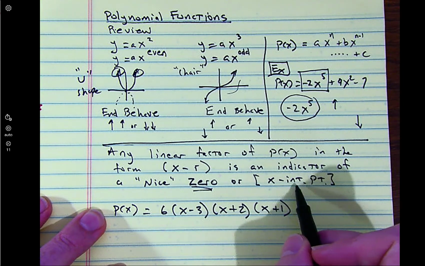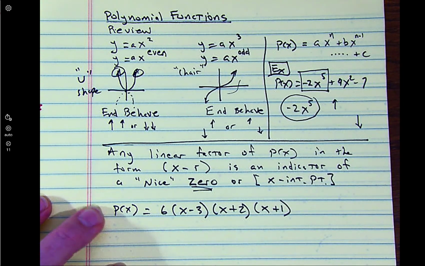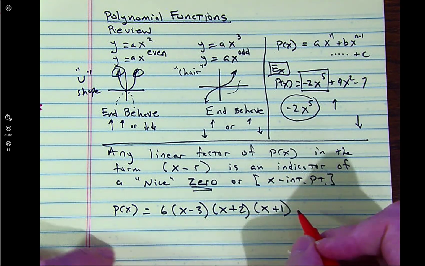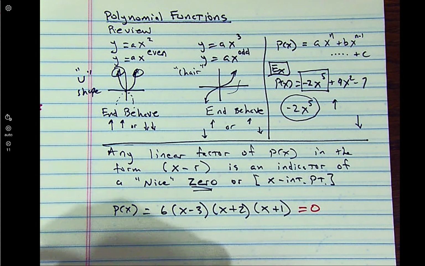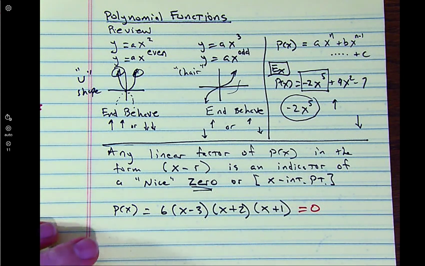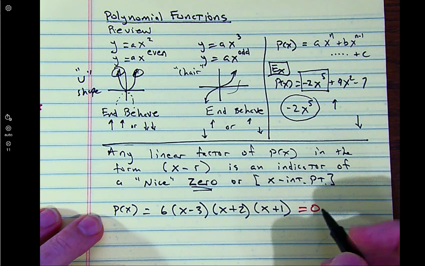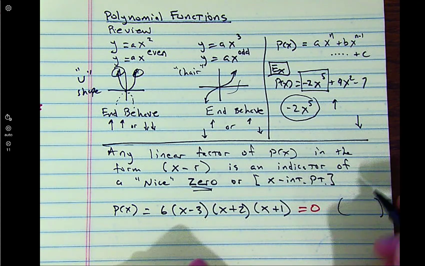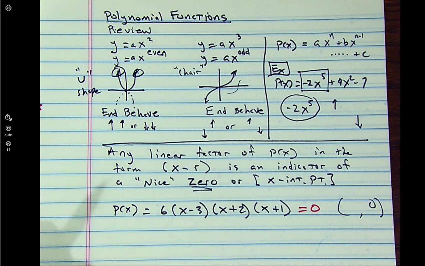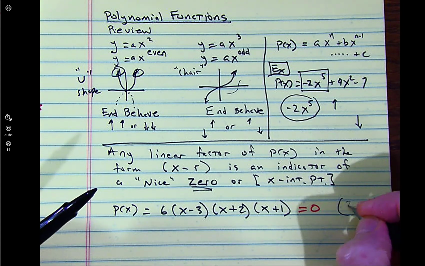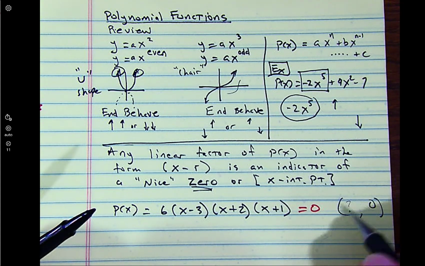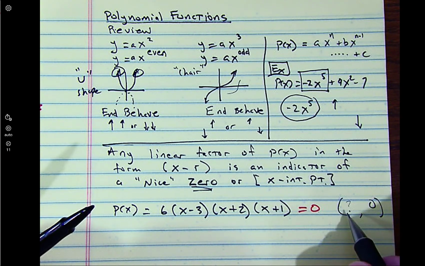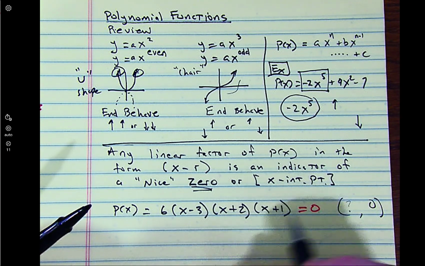What does this have to do with the x-intercept points? Well, solve it. If we solve this for 0, we can solve for x. So what we're doing here is we're saying y equals 0. What's the x number? So if y equals 0, I can solve this and find x values.